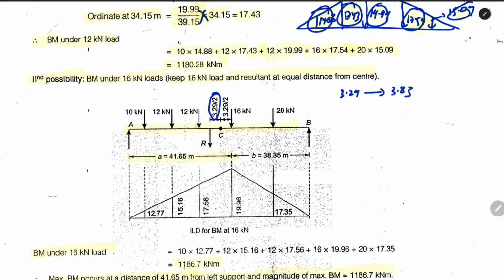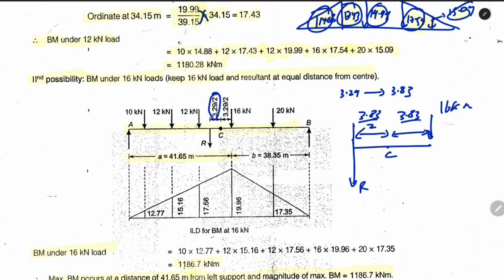So we will divide in such a way that this is the center of the beam and this will be the resultant, and this is the 16 kilonewton load, and this value will be 3.83 by 2 and this value will be 3.83 by 2. From this we will place our loading and then we will solve. So we can solve this for the second possibility.